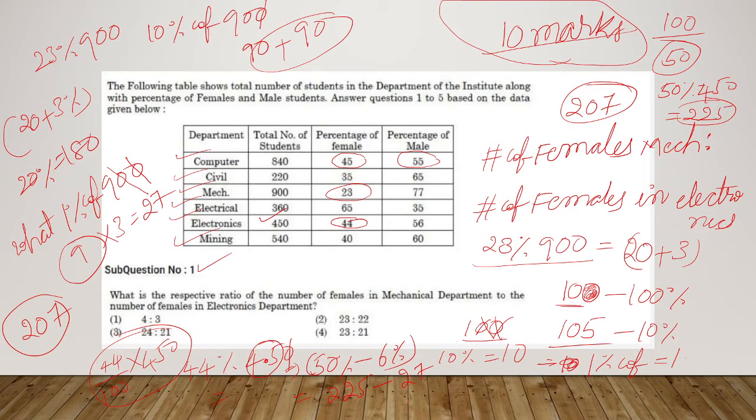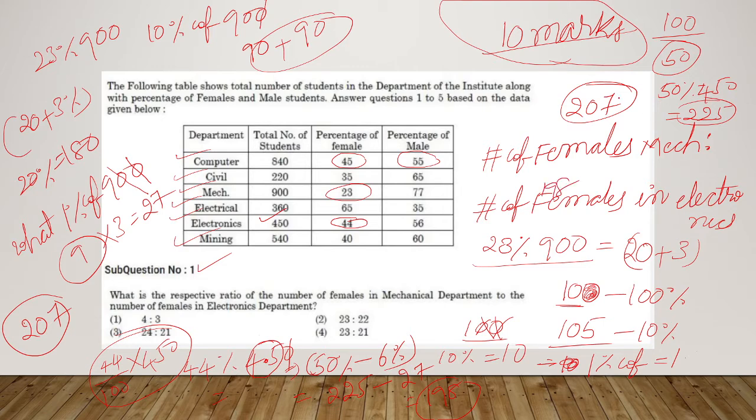225 minus 27 is how much? 198. The asked ratio is 207 is to 198.